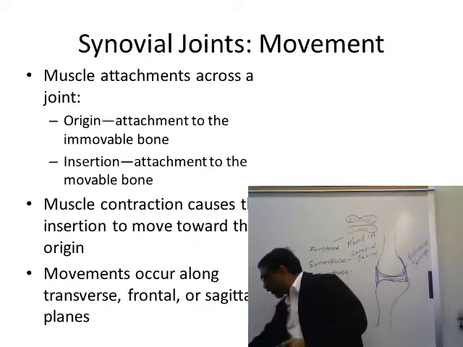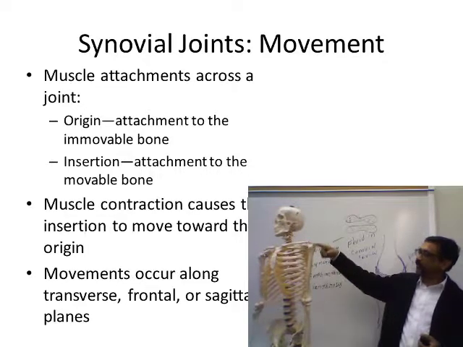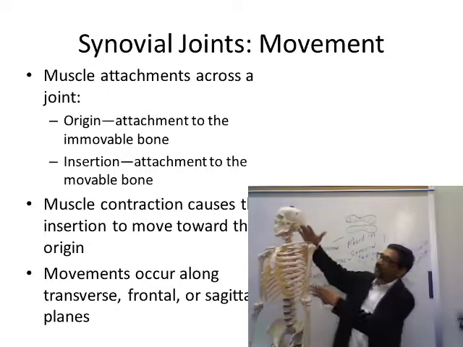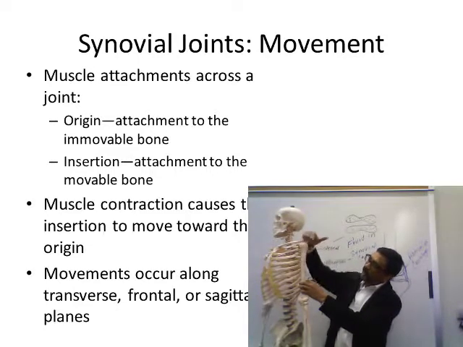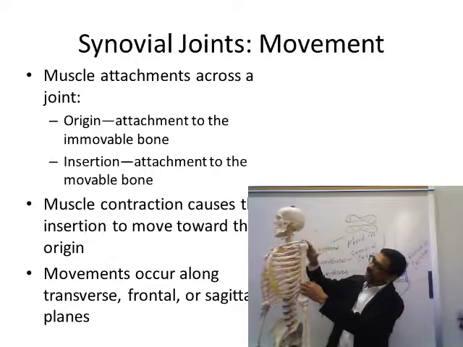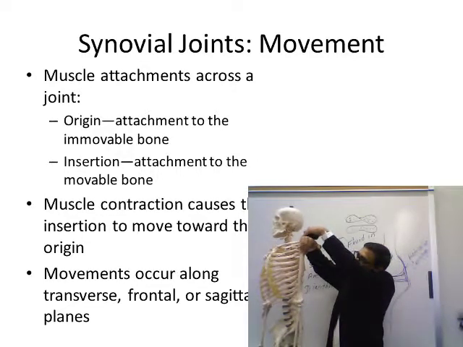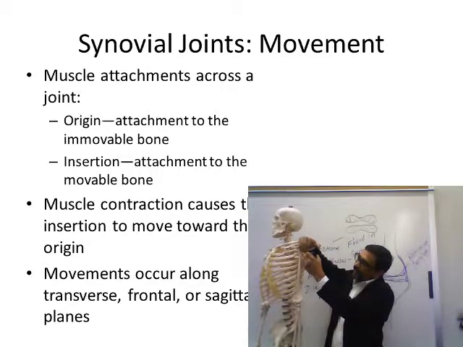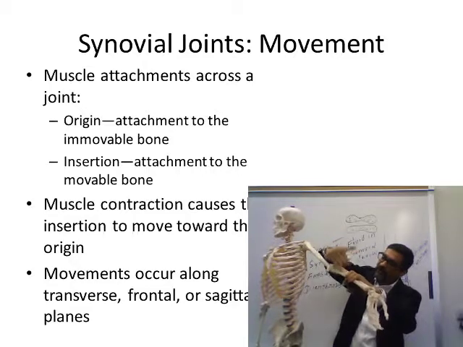Most of the muscles of your body cross the joints. For example, the muscle arises here, crosses the shoulder joint, and the other end gets attached to the next bone. So this is a muscle arising here and ending here. Starting here, ending here. Most of the muscles cross the joints like this.